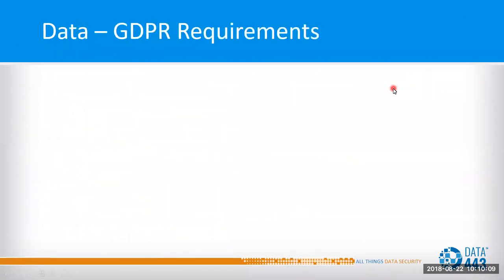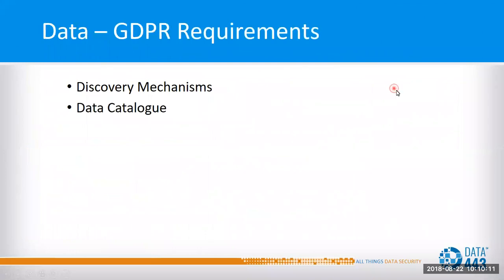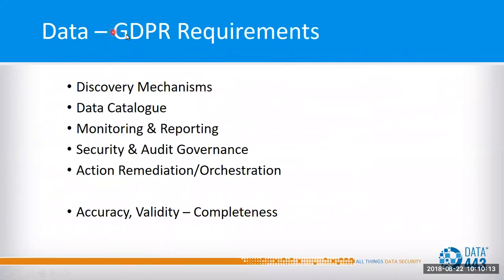So I'm going to skip the article stuff. GDPR in general, and we can say privacy requirements at a high level, have these basic requirements, right? We need a discovery capability, we need a data catalog, we need some reporting, we need some governance, we need some orchestration. We need to have all these capabilities at a high level to be able to conform to any privacy requirement.